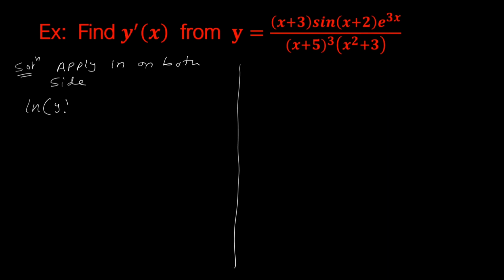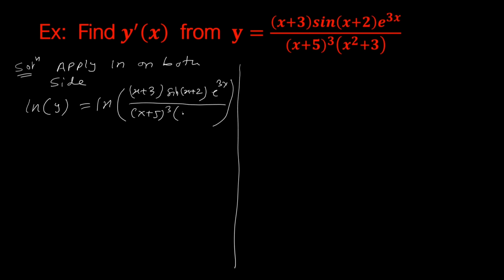So ln y is equal to ln of x plus 3 sine x plus 2 e to the power 3x over x plus 5 to the power 3 times x square plus 3. So now we'll use the ln property.